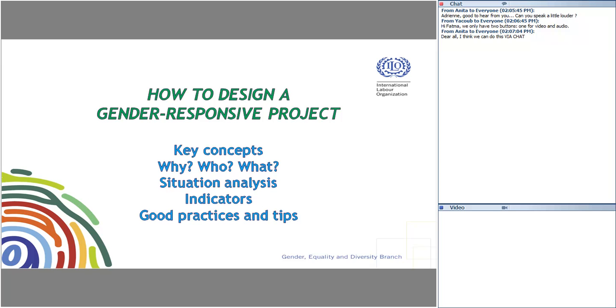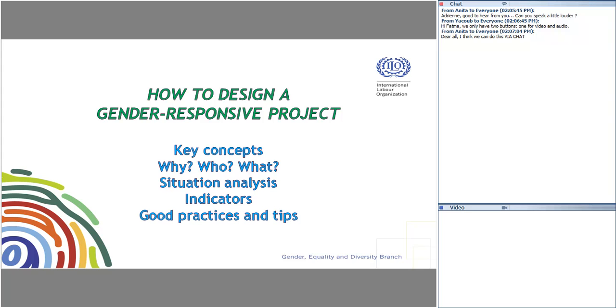So together today, we're just going to go over a couple of key concepts that will help us to understand how to do this. We're going to just touch on the why, who, and what of gender responsive projects. And then we're going to zoom in on situation analysis in the project cycle.